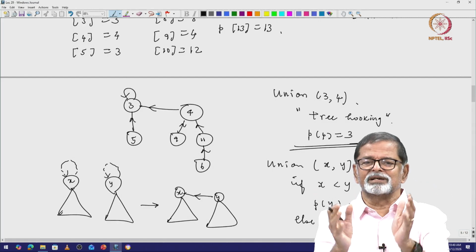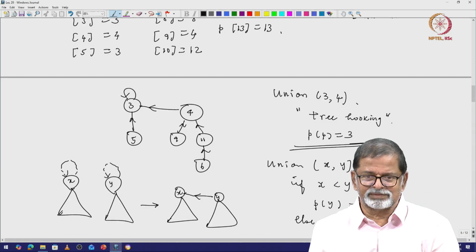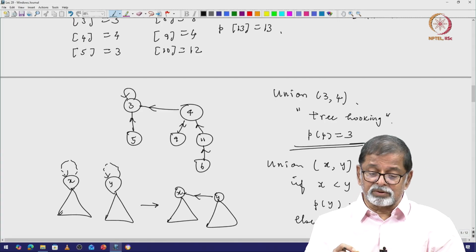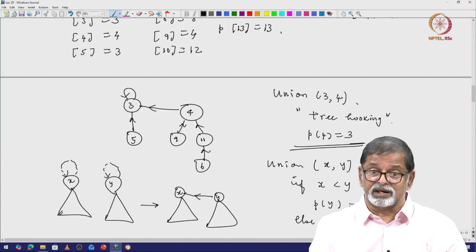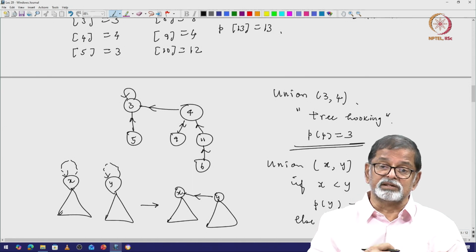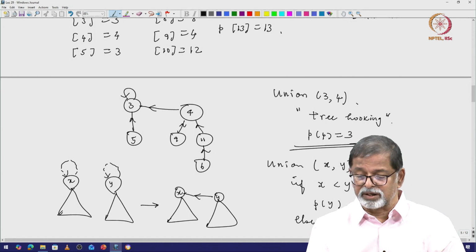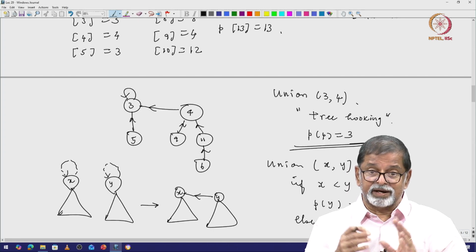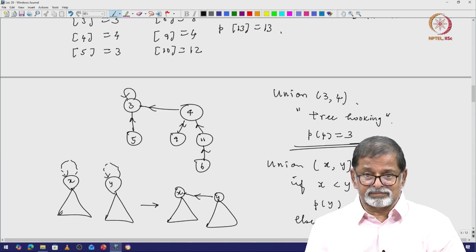We are only interested in the cluster information. What are all the items that are in a set? And we place the name at the root. Therefore, by ancestor chasing, you are going to execute the find routine. Let us start from find x.